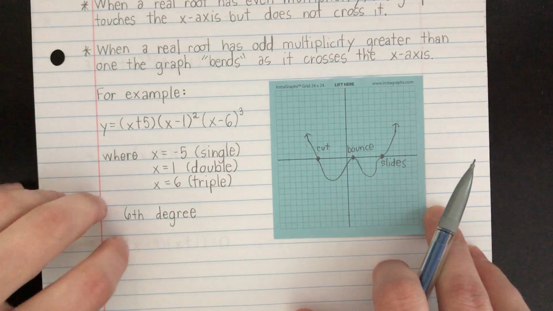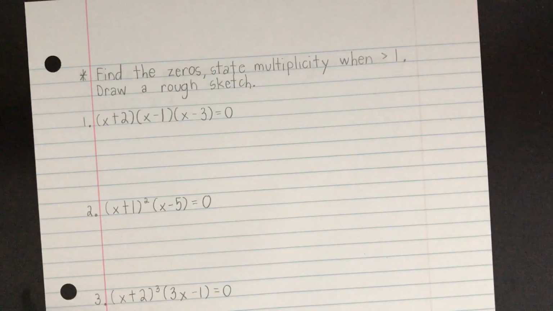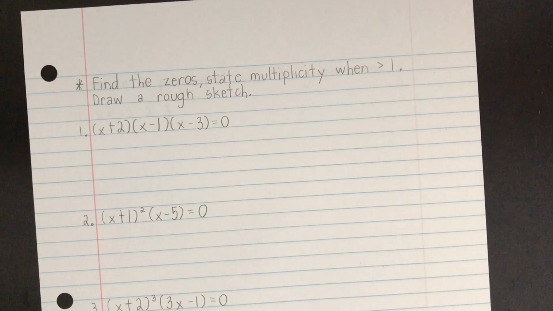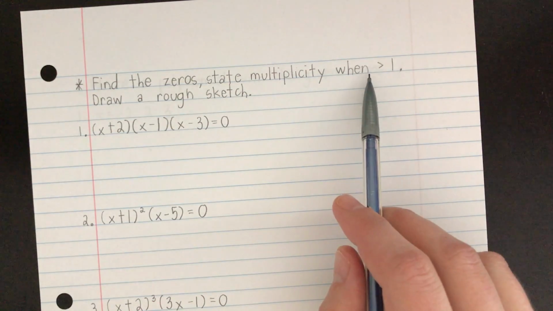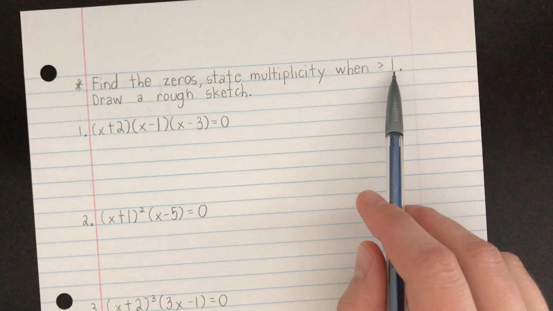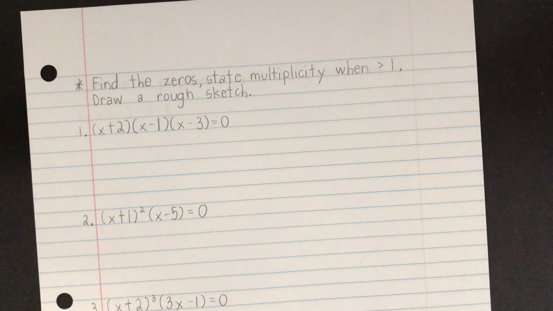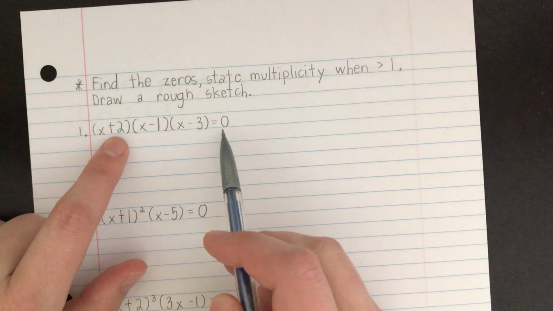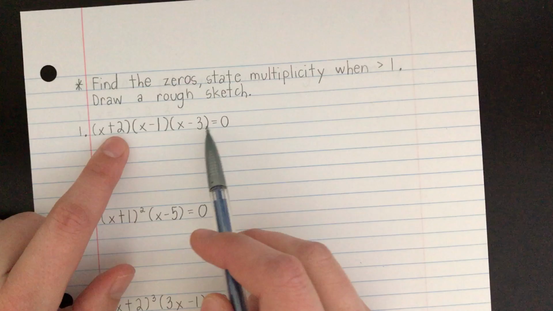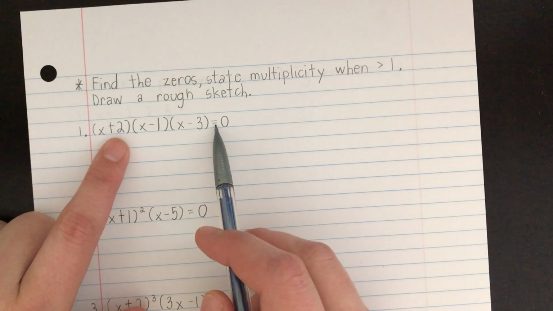Okay, let's look at some more examples here. Find the zeros, state multiplicity only when it's greater than 1. If it's just 1, I don't need to know it's a single. Okay, and draw a rough sketch. So, this is a polynomial, okay? You can see it's pre-factored for you, and I've already set it equal to 0.